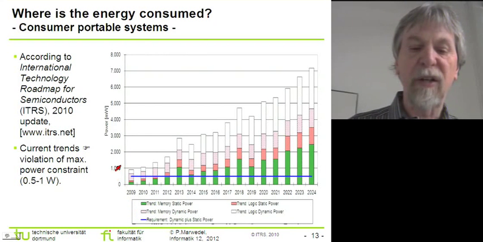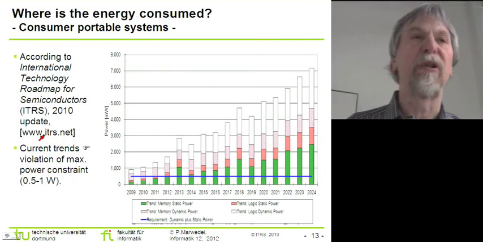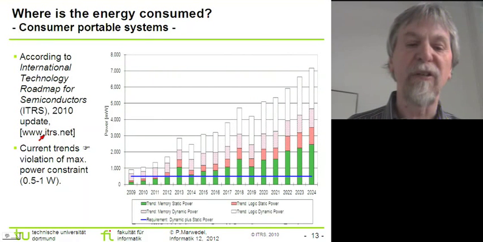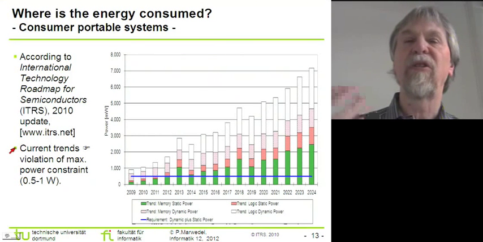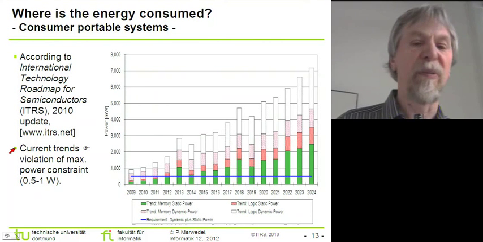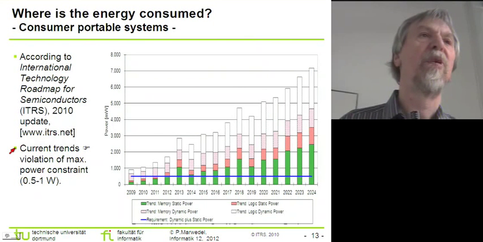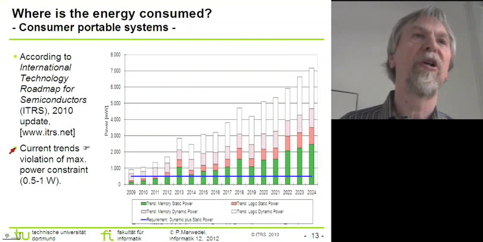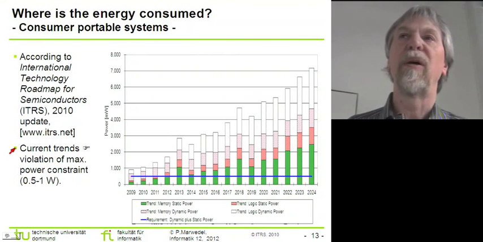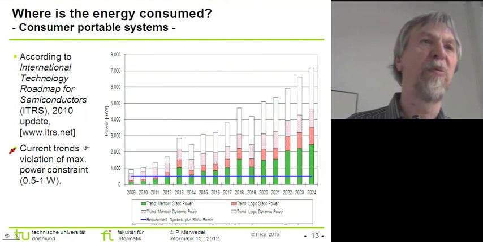Also from this diagram, which is based on this International Technology Roadmap for Semiconductors, or ITRS roadmap, we see that there is a certain problem, which is again pointing to the fact that we have a problem with the power consumption. We know that for a mobile phone, we should not burn more than some power between 0.5 and 1 watt, because otherwise we have two problems.